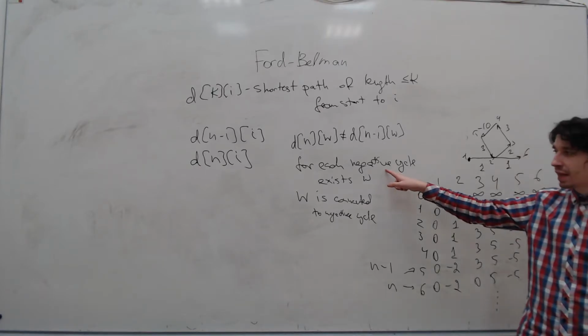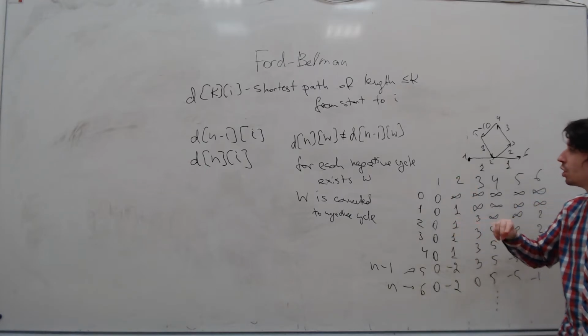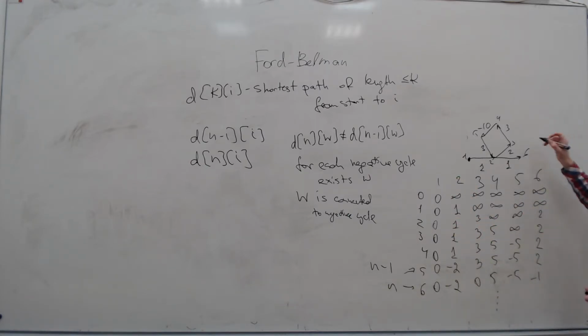But for each negative cycle, there will exist this W. Thus, to solve the problem, we just take these vertices, so here it is 2 and 3 and 6, and we run DFS, depth first search, from them. We want to find all the vertices that are reachable from these W's. This will be exactly the vertices for which there is no shortest path.